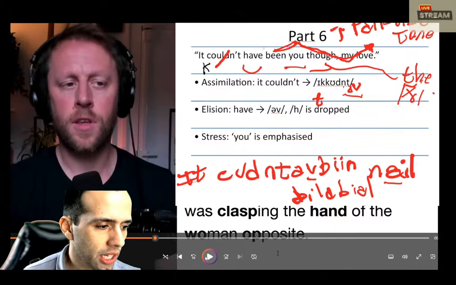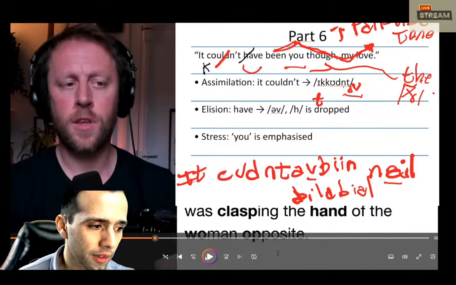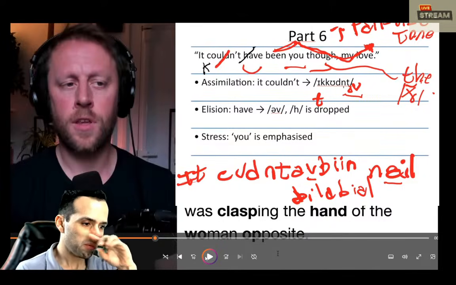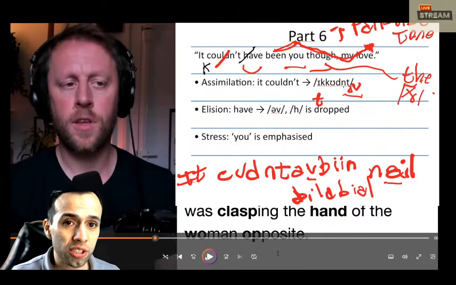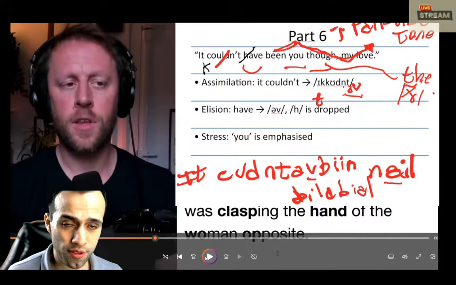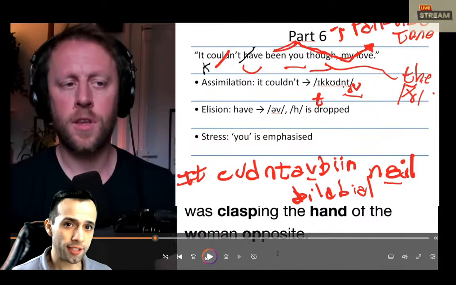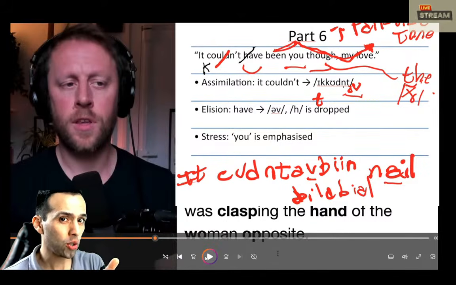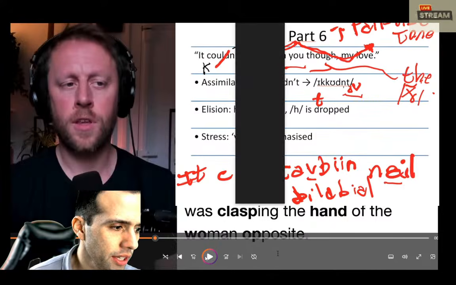have. In have, the auxiliary verb have, we drop the H at the beginning. We say of. He says actually that. It couldn't have. And there's an instance of catenation there, that is to say, linking of a final consonant with an initial vowel sound. The final consonant, in this case, is the T, right?